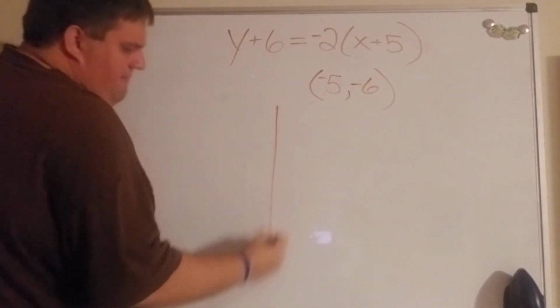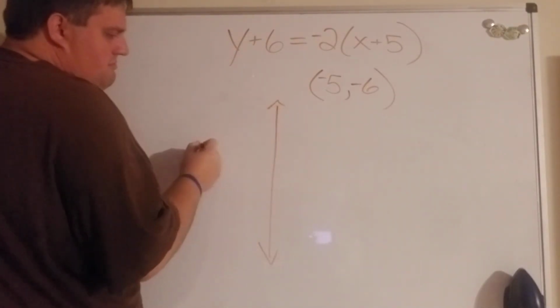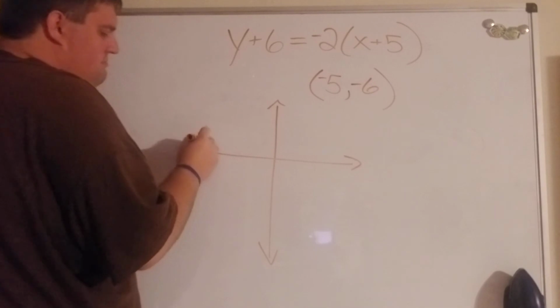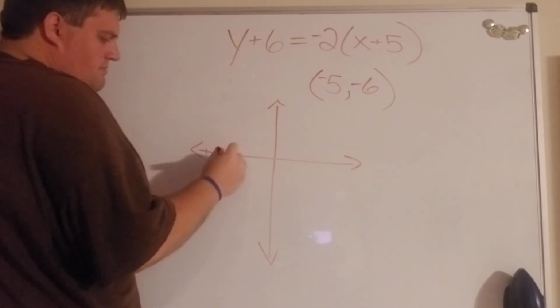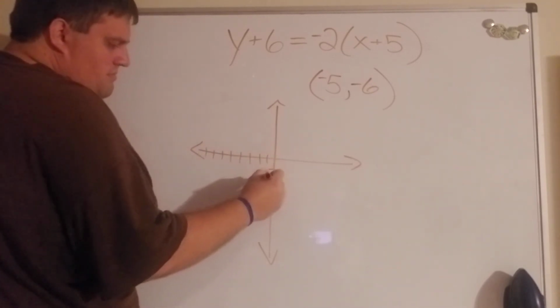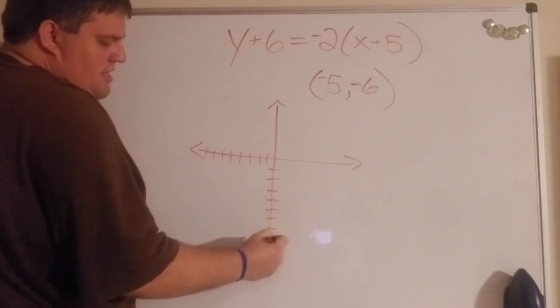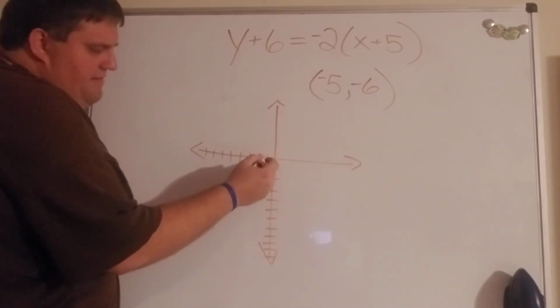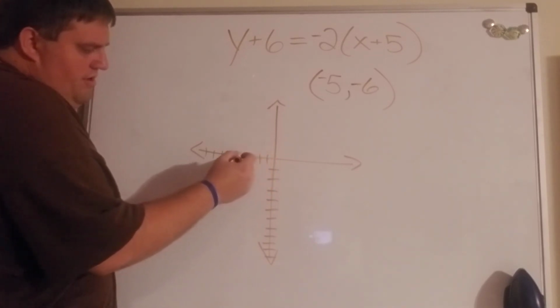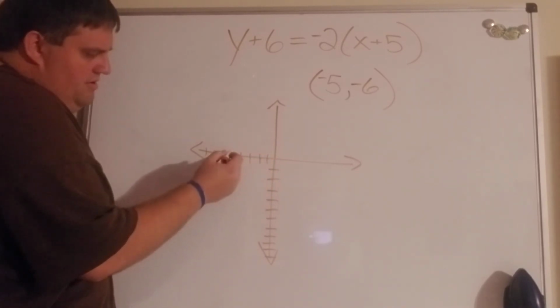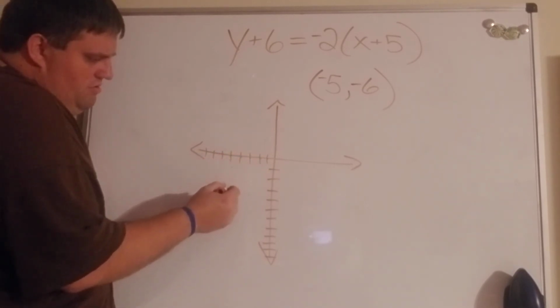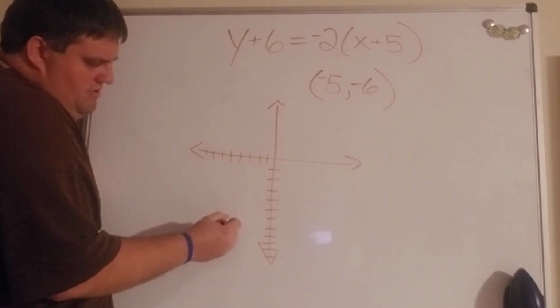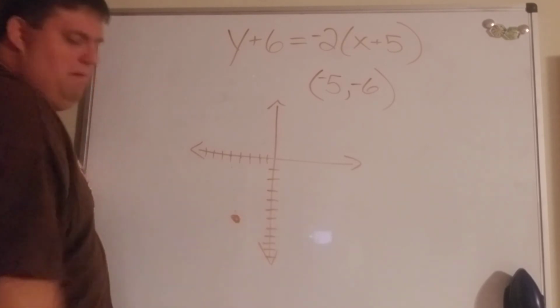So on my graph, I would just start at negative 5, negative 6. 1, 2, 3, 4, 5. 1, 2, 3, which is right here on my graph.